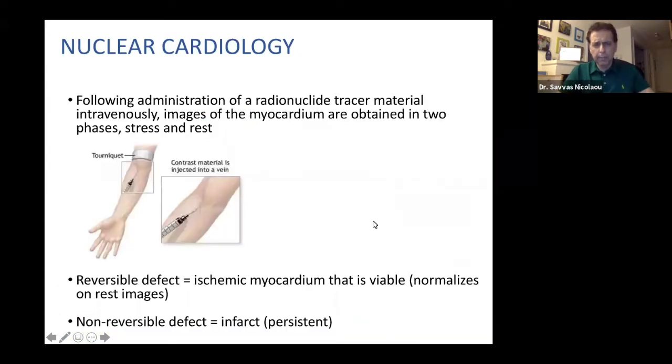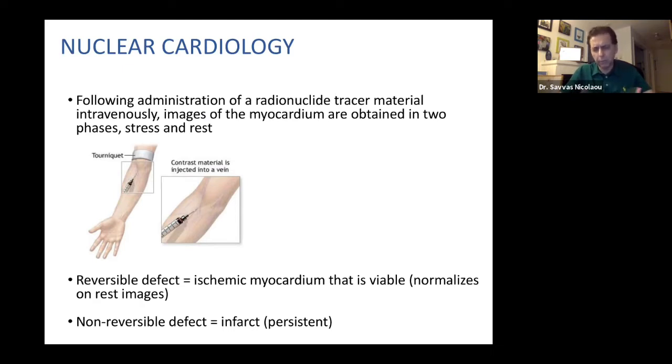Now, the way this examination is performed, we administer a radionucleotide tracer material that's injected through an intravenous route. Basically, we obtain two phases, both stress and rest. With reversible defects, that means ischemic myocardium that is viable, it normalizes on rest images. So there's an abnormality on stress, but it normalizes on rest.